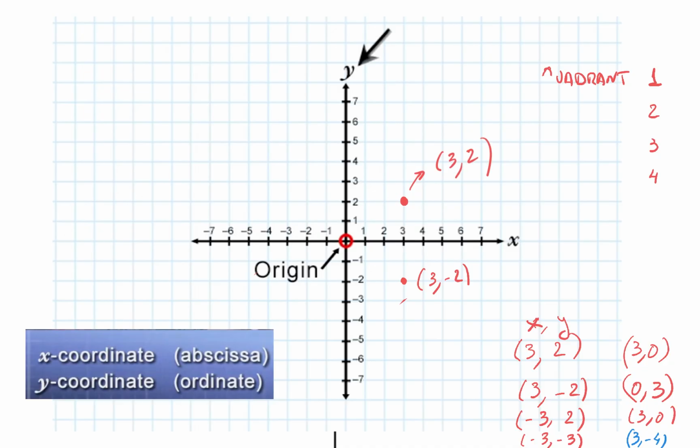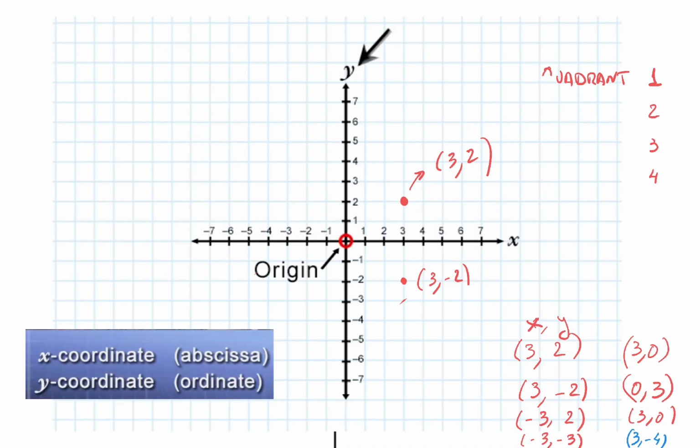In this way, we can plot many points. The point (3, 2) is in quadrant 1, while the point (3, -2) is in quadrant 4. What is (3, 0)? (3, 0) is walking 3 units in the x direction.